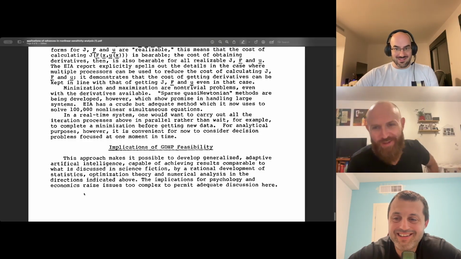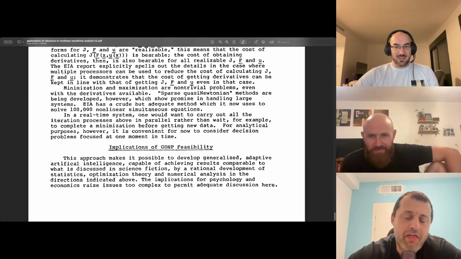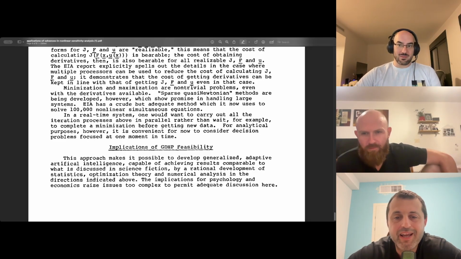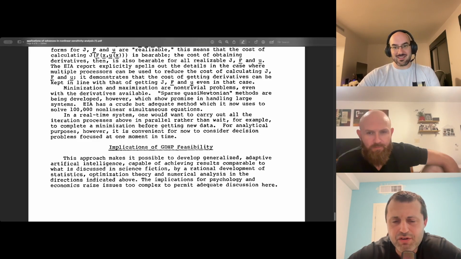How many people actually know this paper? Probably not a lot. I think many people know this paper, but I don't think many people pay attention to this last paragraph. I nearly missed it, but then my eyes caught science fiction and artificial intelligence in one sentence, and I started reading it.